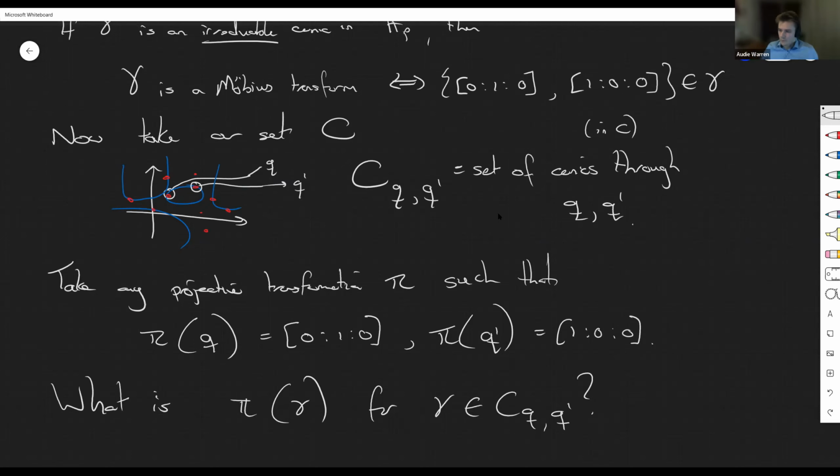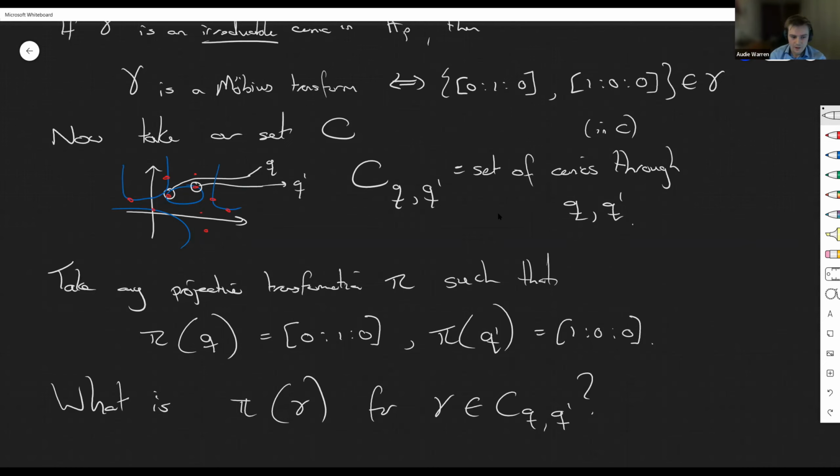So, one basic thing, whenever we apply a projective transformation to an irreducible degree D curve, it remains a degree D curve. So after this transformation pi, these irreducible conics have remained irreducible conics.